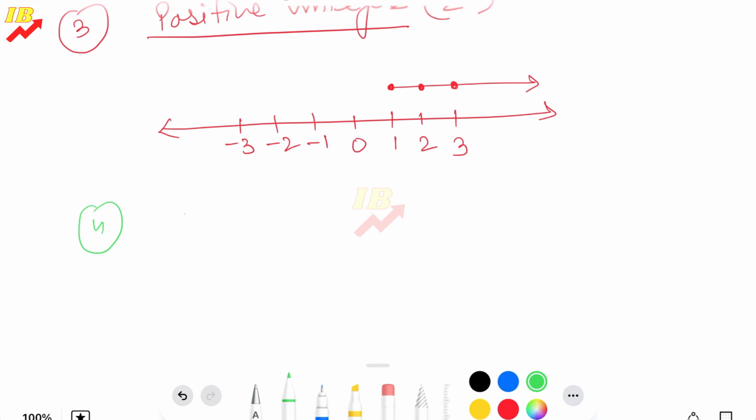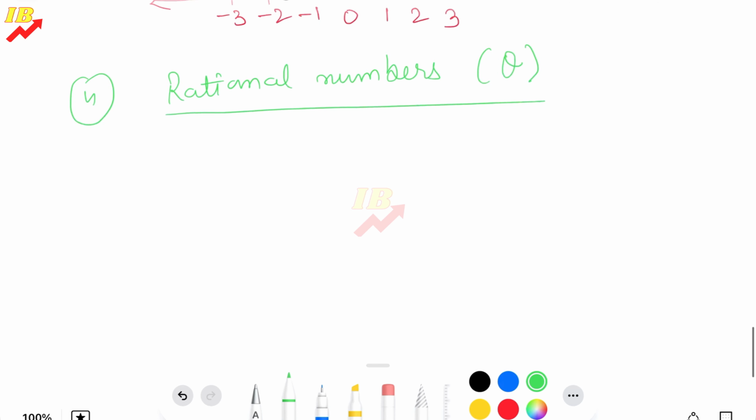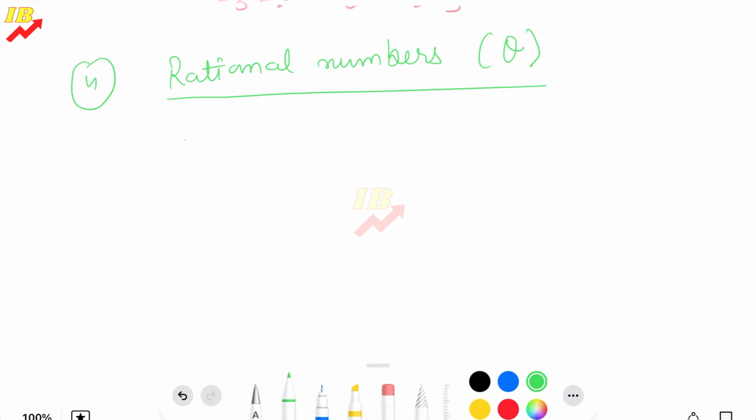Next is rational numbers. Rational numbers are denoted by Q. What is actually a rational number? A rational number is a fractional number. It should be written in p by q form. This is the first part of it.